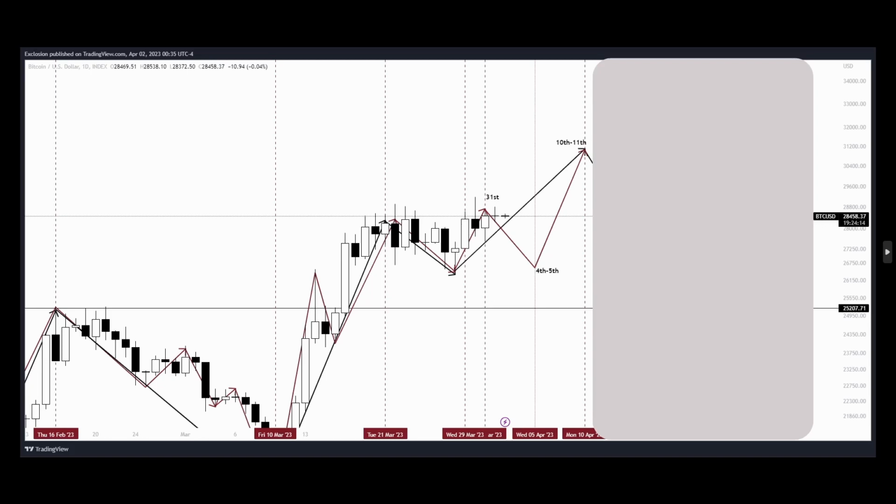For example, on the screen, I shared the 21st and 22nd of March as a daily bottom, then the 28th and 29th of March as a daily bottom. This is a daily top, this is a daily bottom, and the 31st of March was a daily top. And then we have more dates.